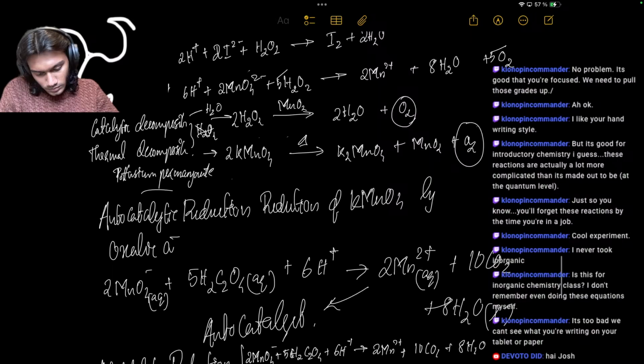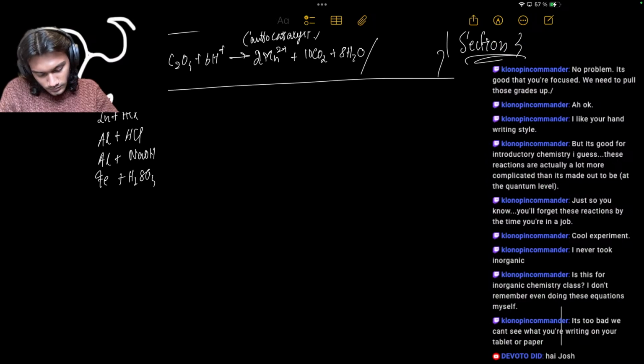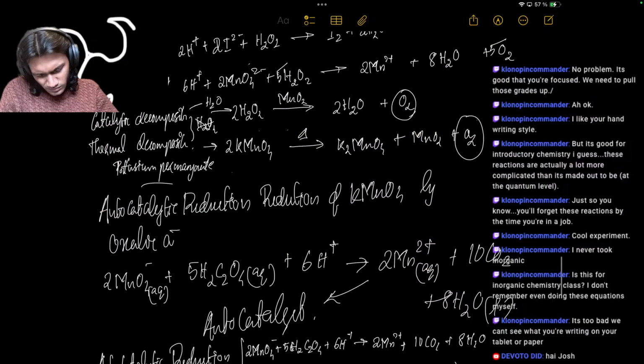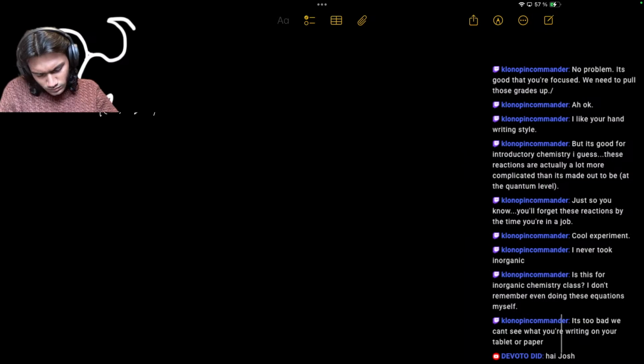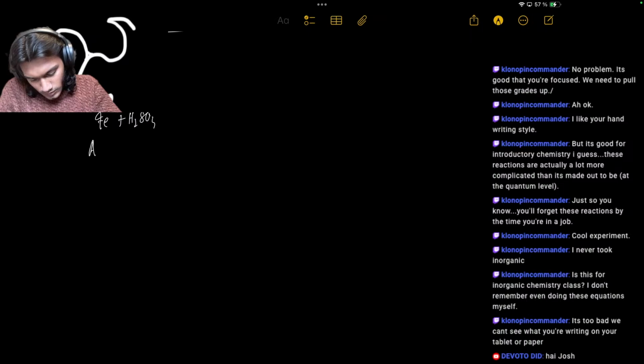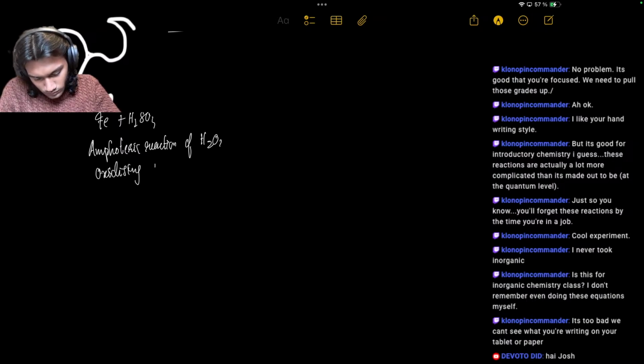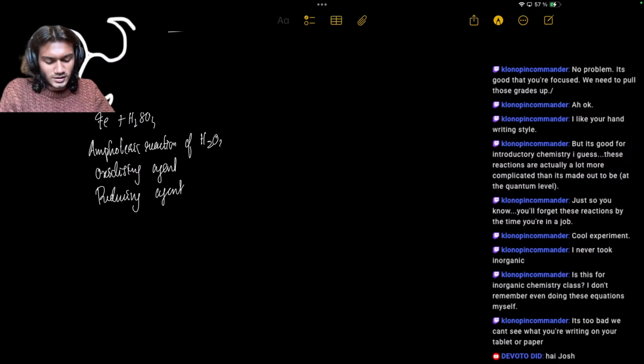Amphoteric peroxide. Oh shit, I forgot the amphoteric reaction. I think the oxidizing agent was iodine.